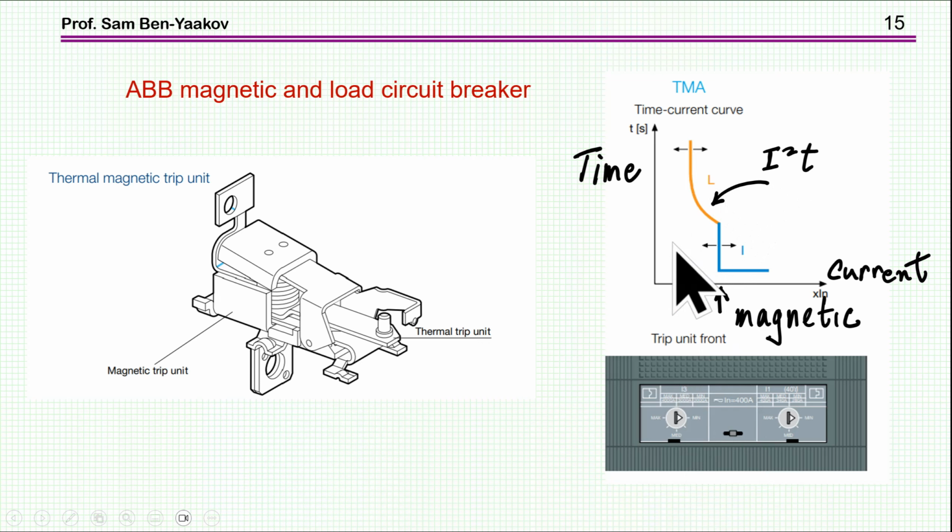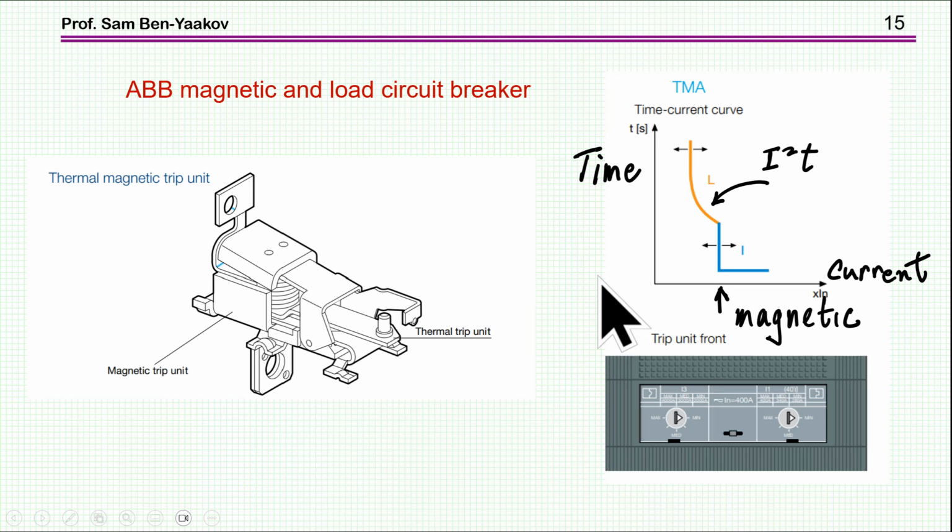So as you can see, there is an application here of the idea of I2t, which is very powerful by actually allowing a higher current for a short time. So it's very beneficial.